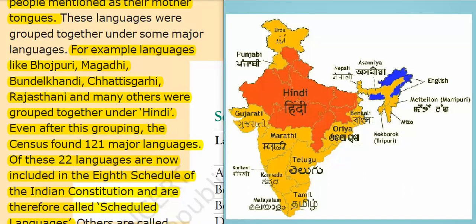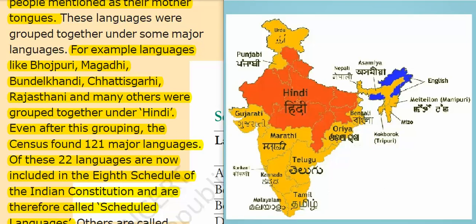These languages were grouped together under some major languages. For example, languages like Bhojpuri, Magadhi, Bundelkhandi, Chhattisgarhi, Rajasthani, etc. were grouped together under Hindi.